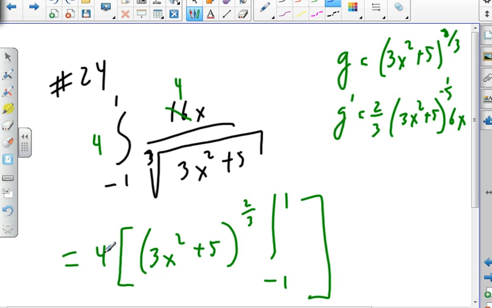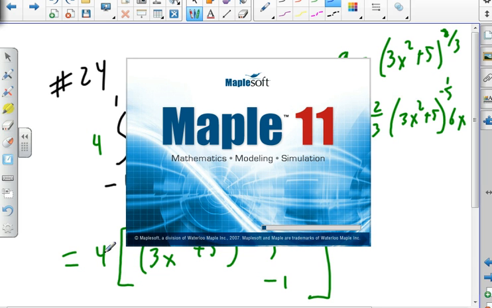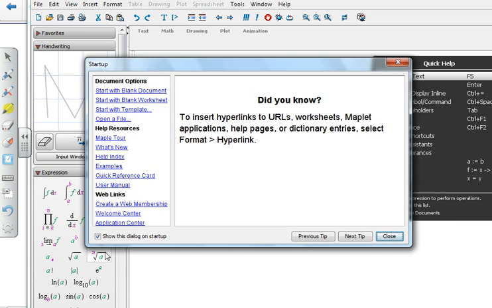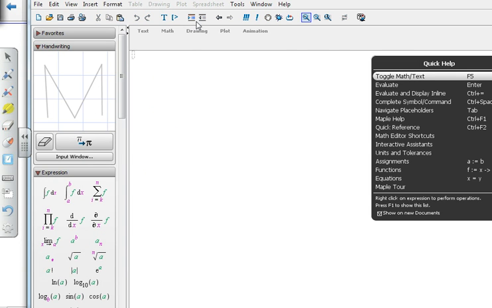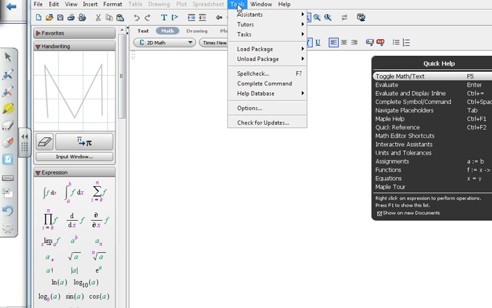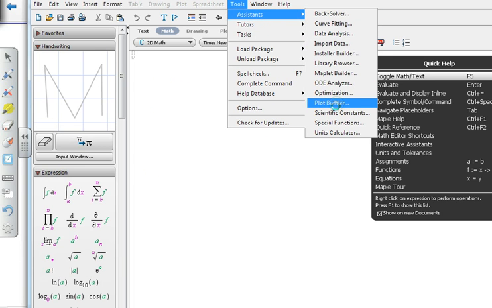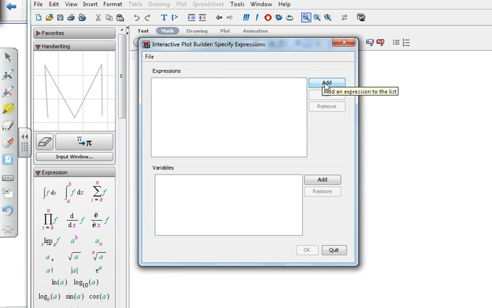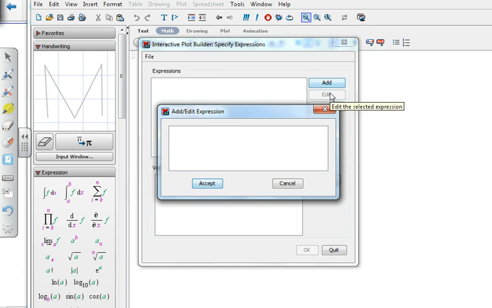Let's put a graph in Maple of this problem. If it's an odd function, then I expect the same below and above, and it should be 0. Graph assistance plotter. Okay, so I want to add something. What do I want to add?